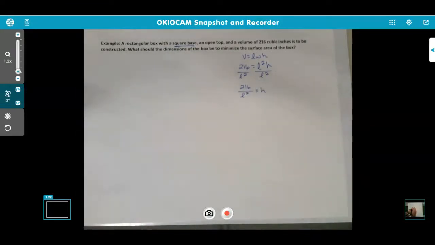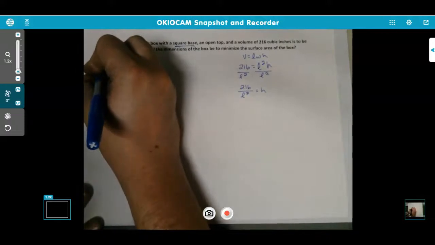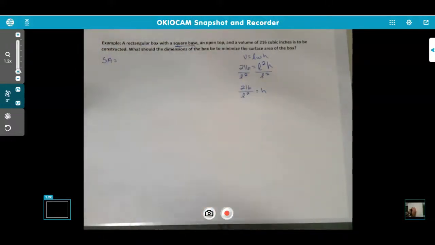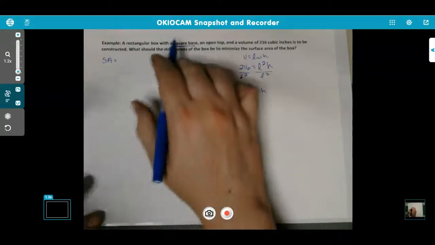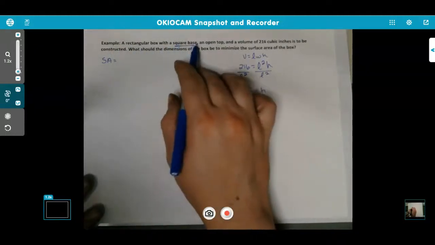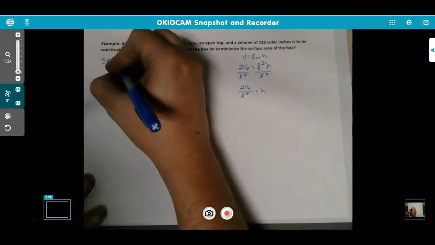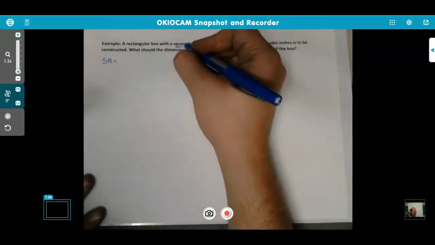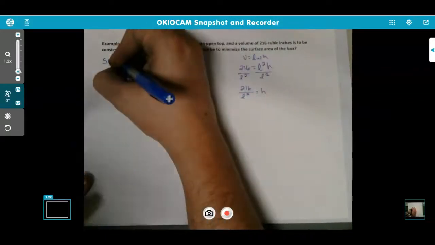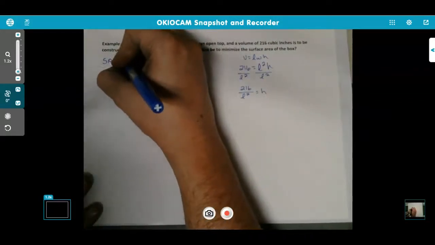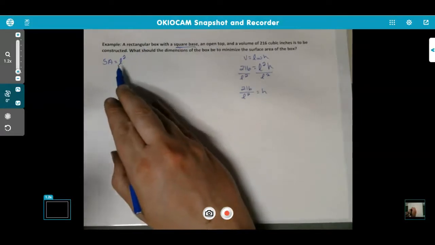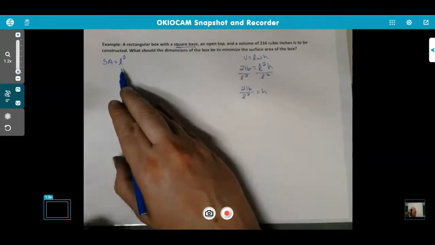Now, why is that good? Because we know surface area is the sum of every side. Okay, so we have a square base, so the area for that side is going to be my length squared, but there's no top, and so I just do that the one time.